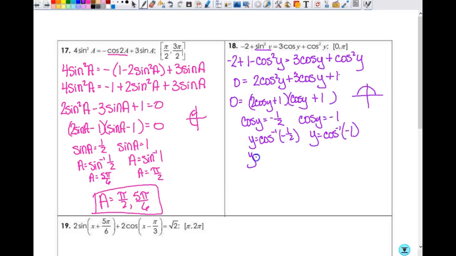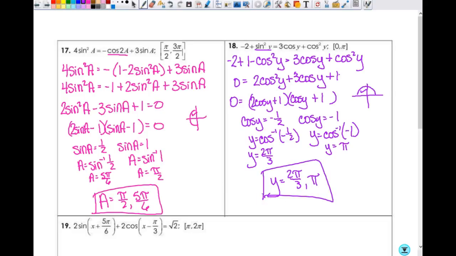So here, negative cosine would be there, and cosine inverse of 1/2 is pi thirds. I need my second quadrant angle, which is 2 pi thirds. And then cosine inverse of -1 is just pi. Put those together, and I get 2 pi thirds and pi. Those are my two angles.